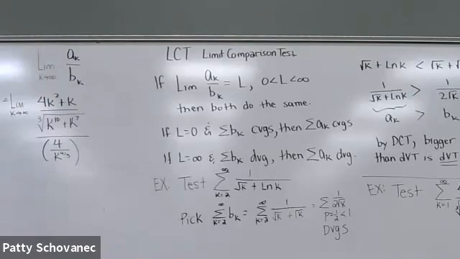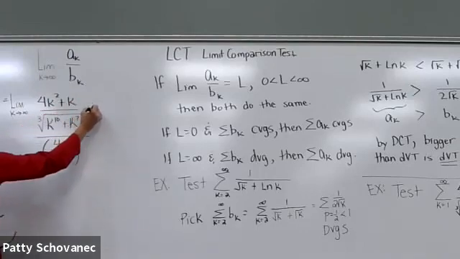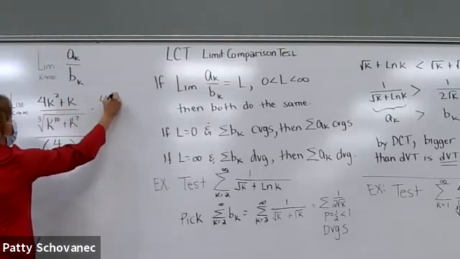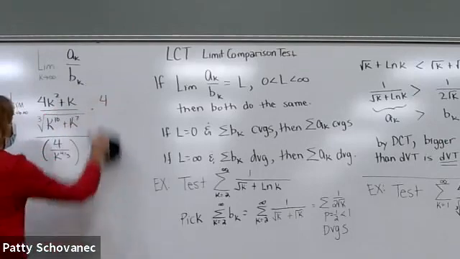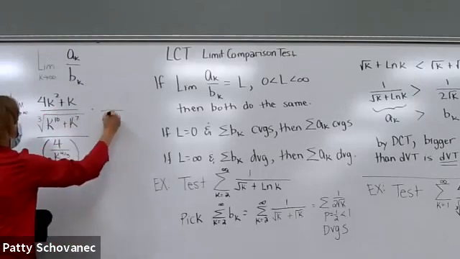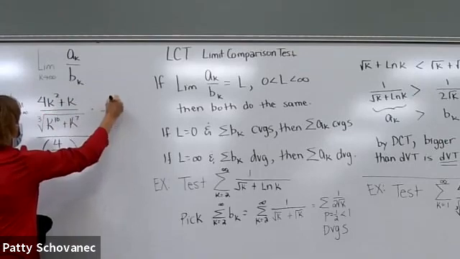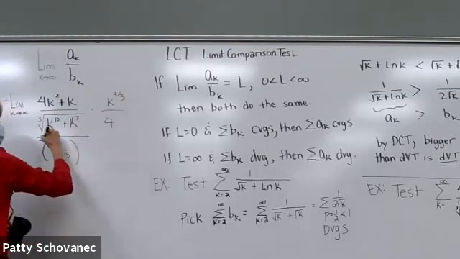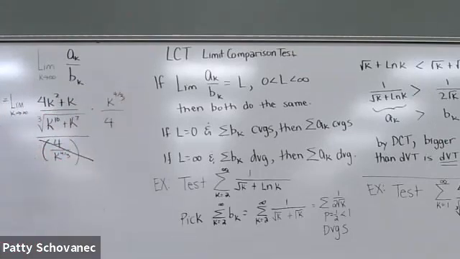So we do the algebra. We take this 4 over k to the 4/3, flip it over and put it up here. When I multiply that out, I'm looking at the limit as k goes to infinity. What is that? 4/3 plus 6/3.